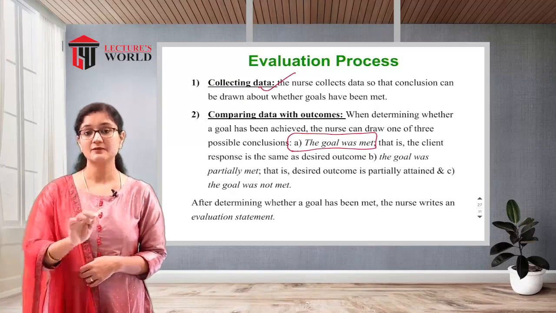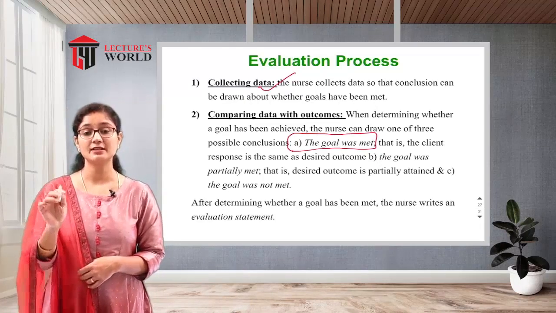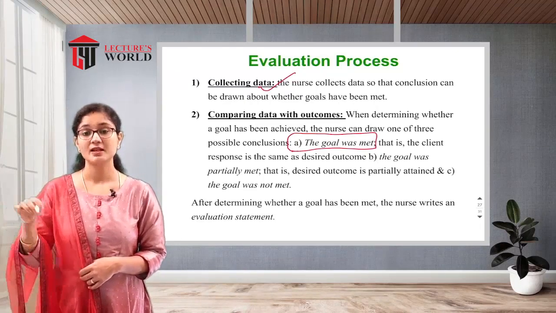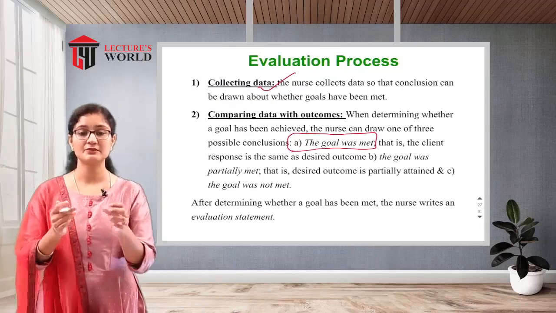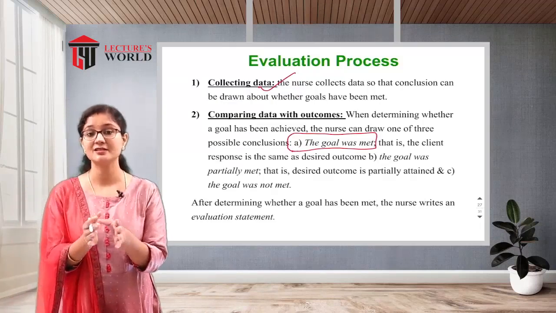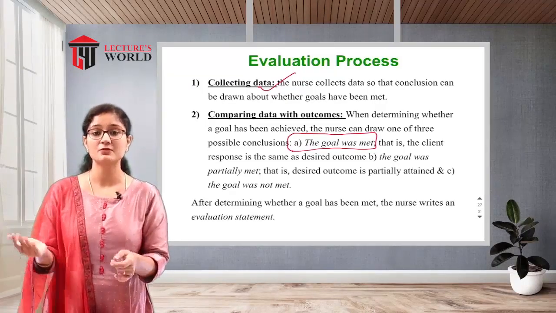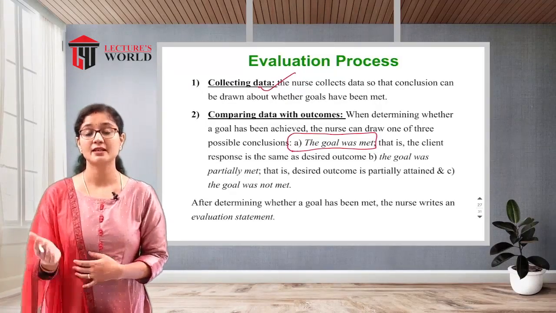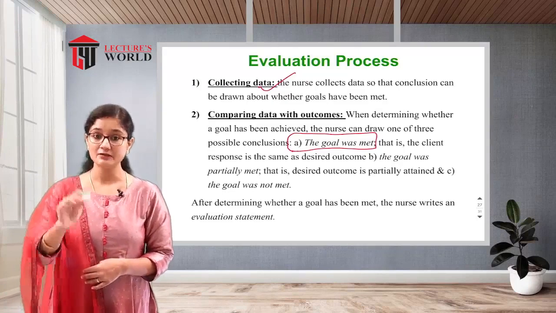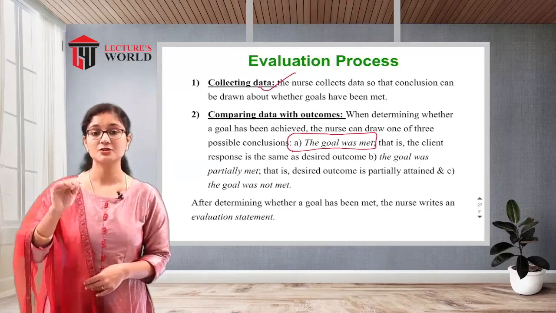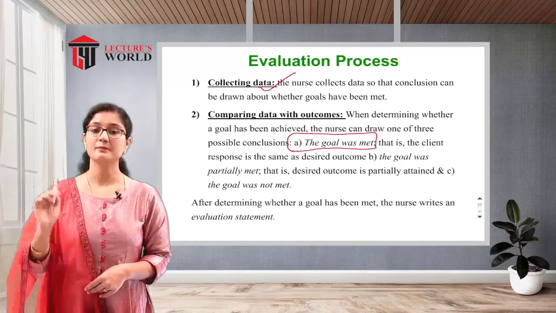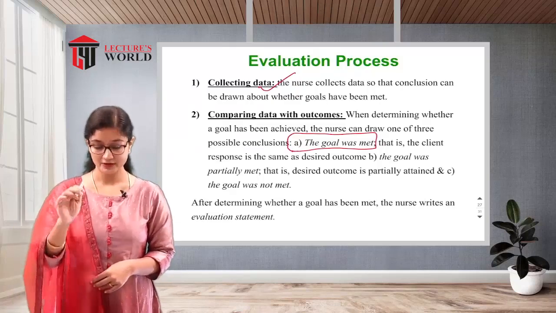If I have written that the pain has to be 3 on a scale of 0 to 10, and after 1 hour he tells me 3 on a scale of 0 to 10, then I will write in the evaluation, goal was met.